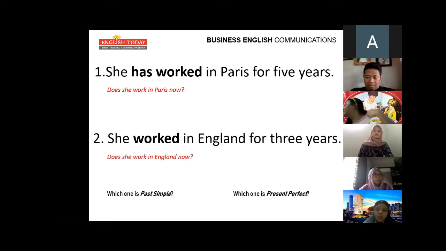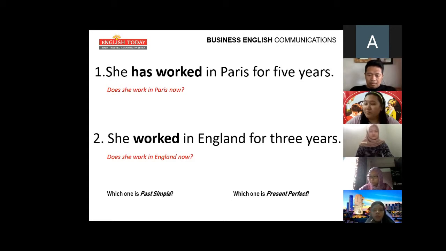So, number 2, does she still work in England? Nope. She doesn't work in England anymore. Why? Because it is past simple. It just refers to the moment when she was there. Now she's not there. Maybe she's in a different country.